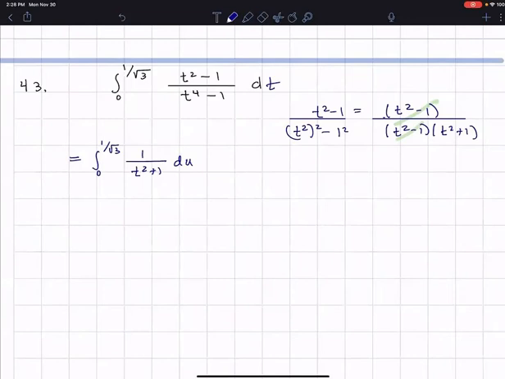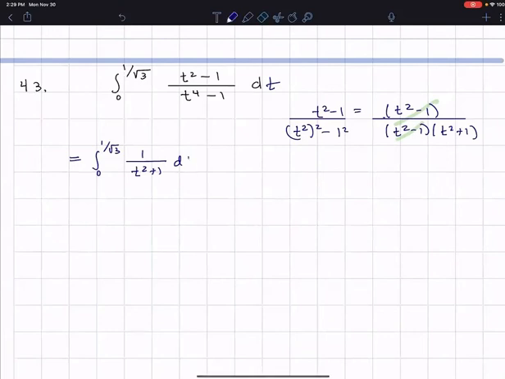But by the way, look, t squared minus 1 is equal to 0 at 1 and negative 1, and 1 does not lie between 0 and 1 over rad 3, so we don't have to worry about dealing with that issue. But yeah, I just put du instead of dt for some funny reason.